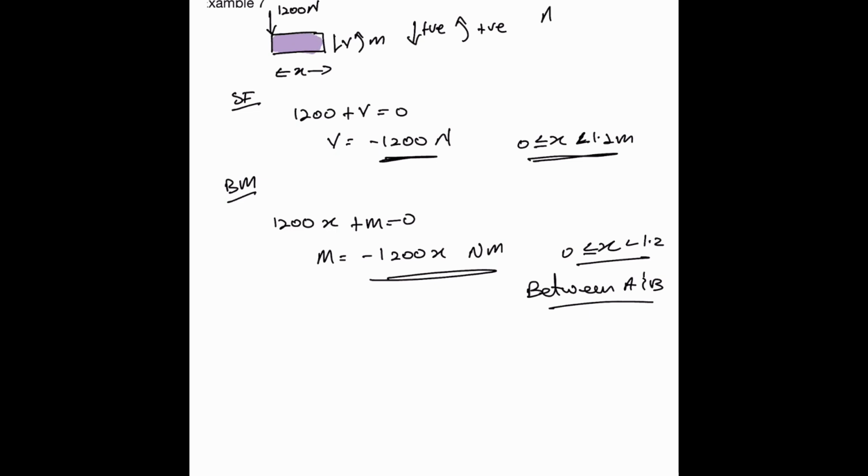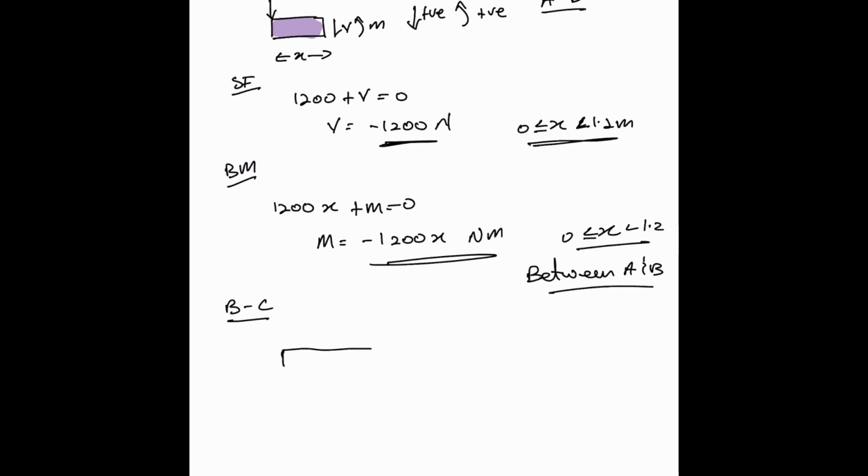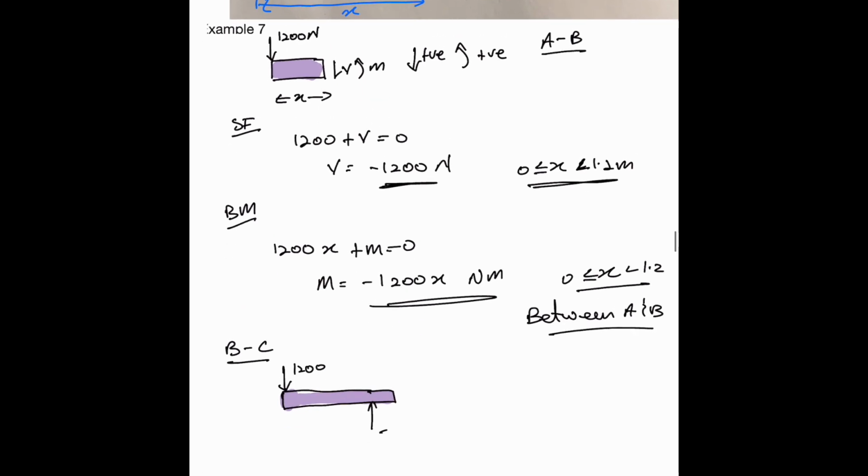So this is A to B. Now we're looking at B to C. We have 1200, we have our B here, and then we have a little piece of the UDL, which is 2500.